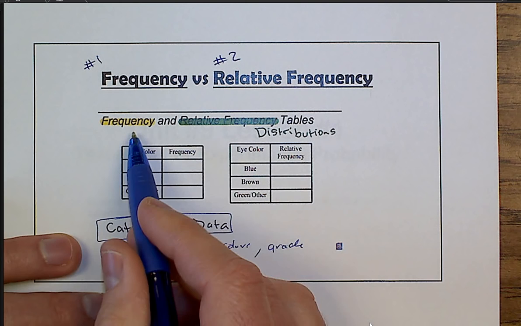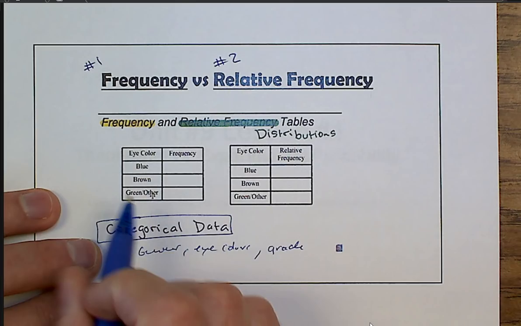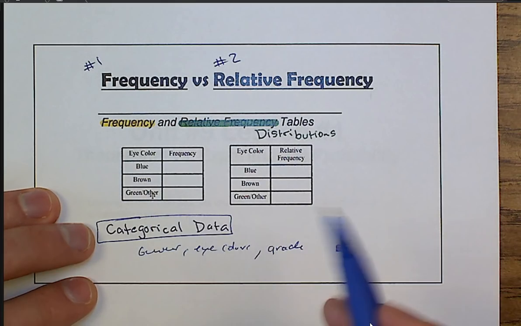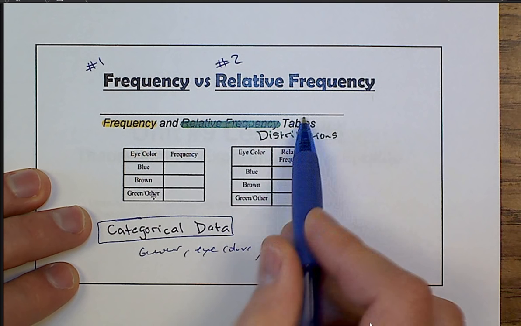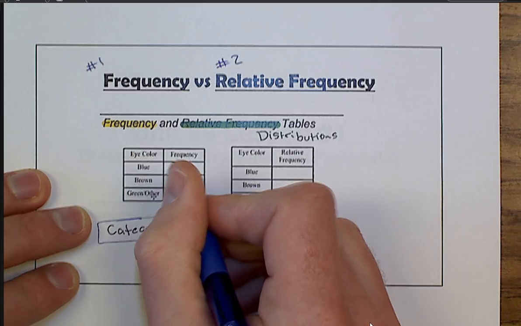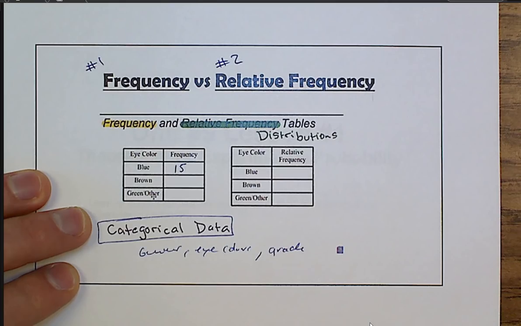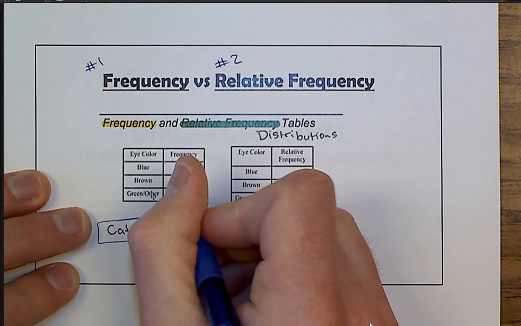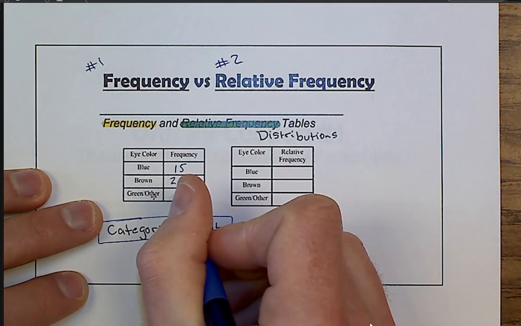Frequency. When we talk straight up frequency, it's with experimental probability, and it's like this situation right here. This is called a distribution table or a frequency table, by the way. It's like saying, okay, 15 people, just like a random population. 15 of those people had blue eye color, 20 had brown, and green or other was 30, okay?